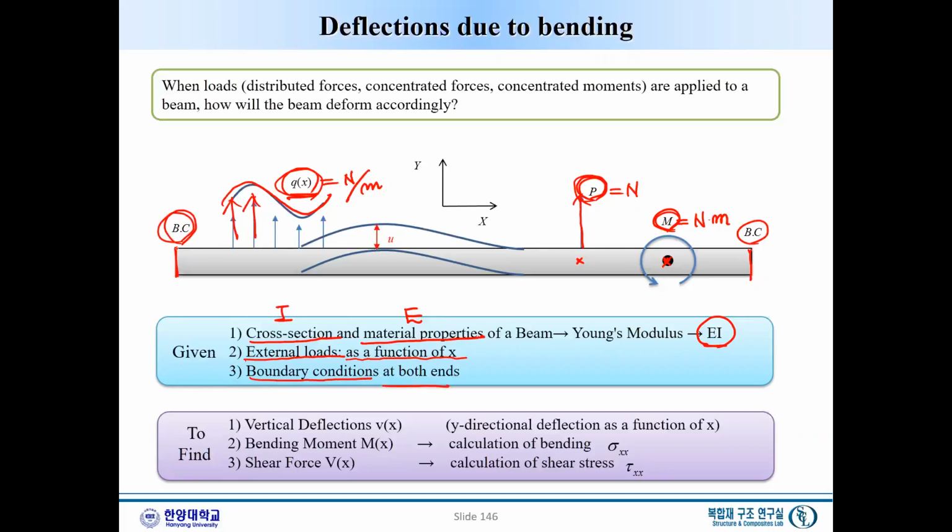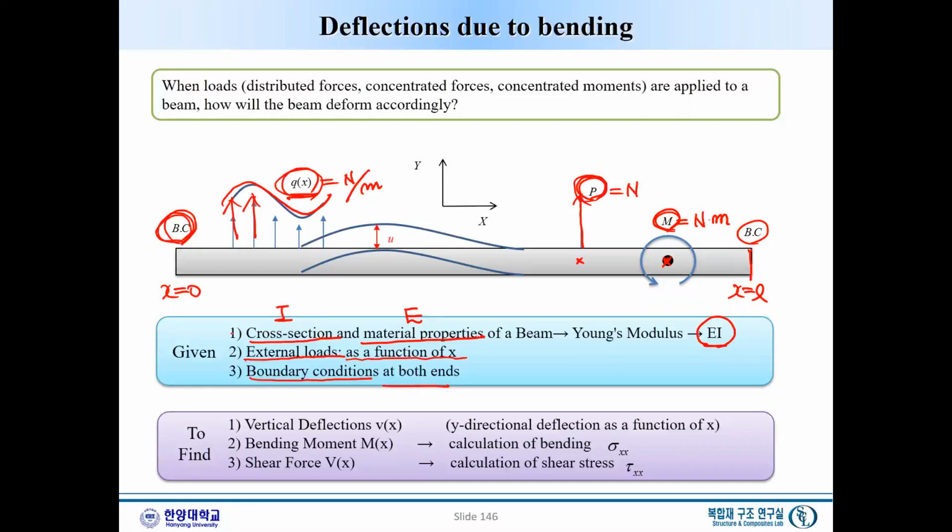And we need boundary conditions at both ends. It can be clamped, free, or simply supported, which we will consider later. Say this is X equals 0, starting at X equals 0 and ending at X equals L. So on the right-hand side, we also need to apply a certain boundary condition.